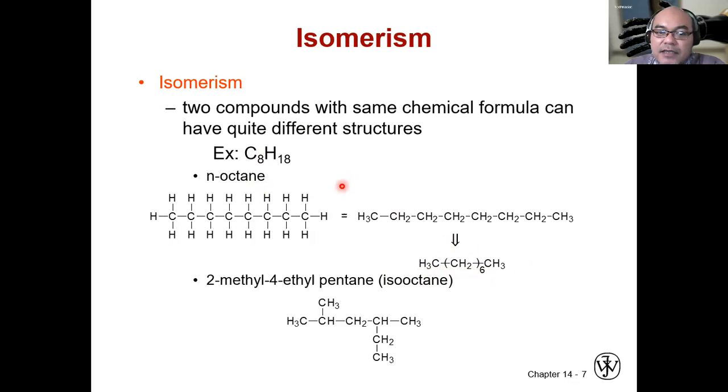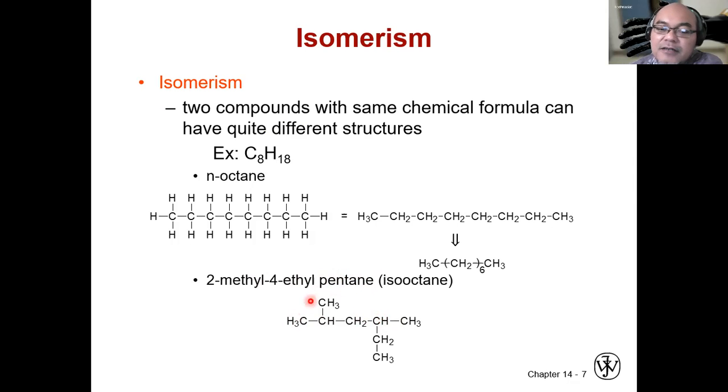This C8H18, the octane, can also have this kind of structure where it has branches. First at the second carbon atom, as well as at the 4th carbon atom. So we call it 2-methyl because at the second carbon atom, it is connected to a methyl functional group, and 4-ethyl because it is connected to an ethyl functional group at its 4th carbon atom.